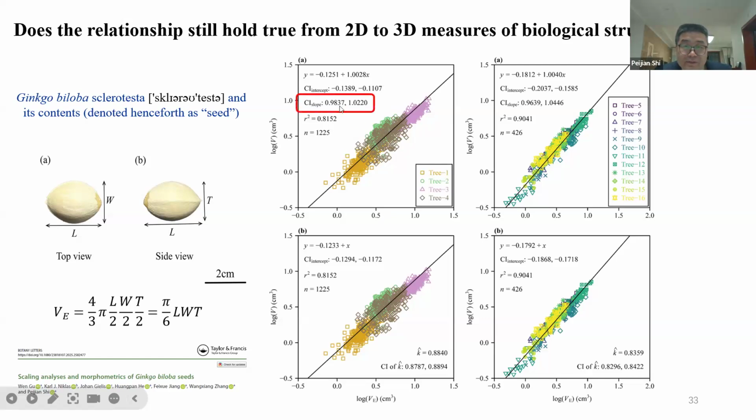We can see the confidence interval of the slope includes 1. It uses three Ginkgo biloba trees, and the other uses another 12 Ginkgo biloba trees, because we carried out two different samplings.